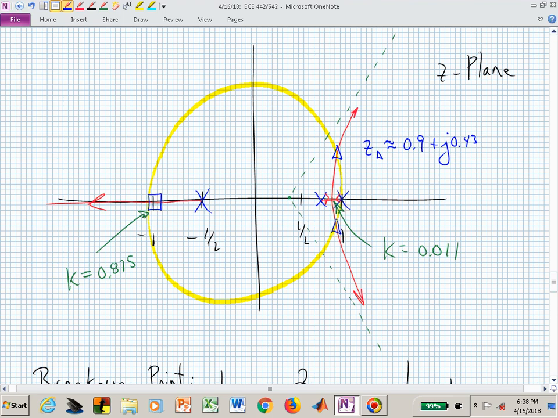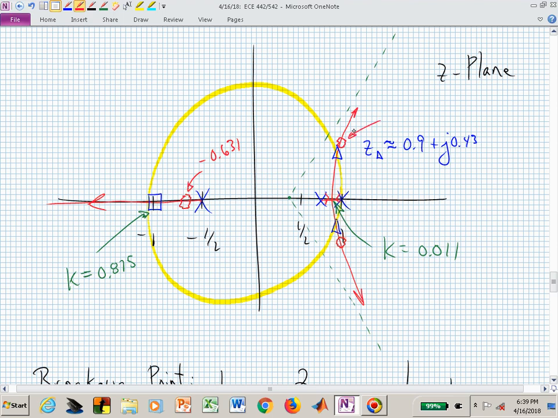As I crank up the gain k, I move on these red branches. And if I crank up the gain k to 0.1472, I move to where? I actually am moving a little bit beyond that triangle. I'm moving out here and here. And how many closed loop poles do I have? 3. And so I'm actually moving another one right there. And this is at minus 0.631.